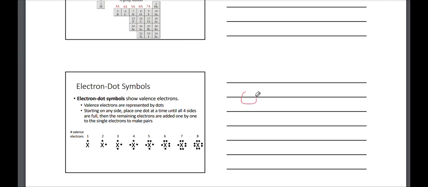So this is oxygen. I'm going to present it as an X so it's easier for you to see. 1, 2, 3, 4. Now I've added all my singles. Now I'll go and couple: 5 and 6 electrons. So this is the valence electron configuration for oxygen.